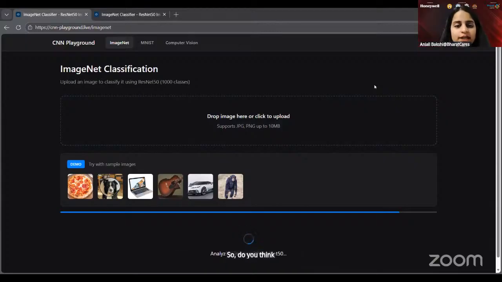So do you think it will be able to detect the breed? Yes or no? Do you think the machine will be able to detect the breed? Yes, yes, no. Okay, yes. Ruturaj says yes. Harshita says yes.